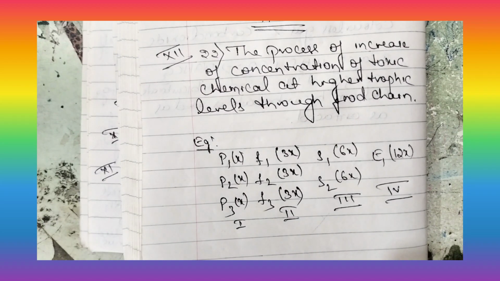At each trophic level the concentration of DDT increases, and this increase of toxic chemicals at higher trophic levels is called biological magnification. So by this we have successfully answered all the questions related to practice paper number 23.